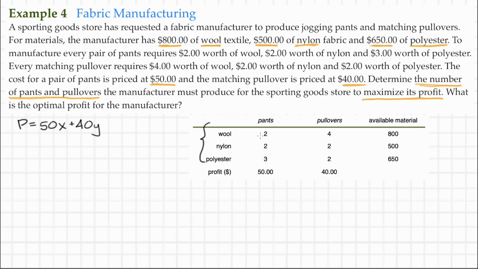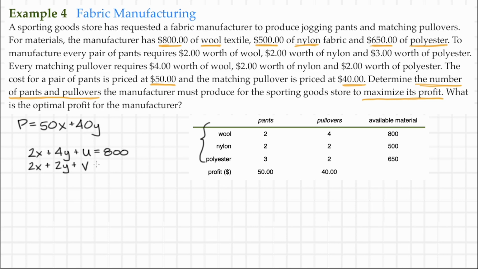So we'll write our equations with the slack variables. So we'll have 2x plus 4y. Then we'll put in a slack variable. We'll use u, and that's got to be equal to 800. Then we have 2x plus 2y with the slack variable, but it's got to be different than this equation here.